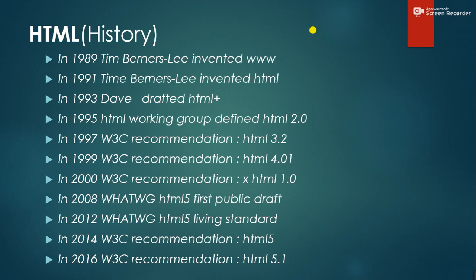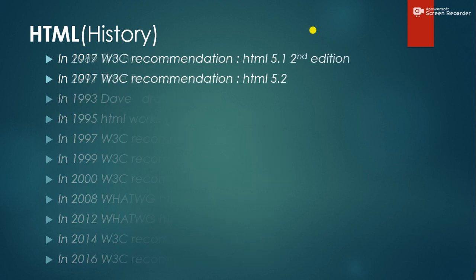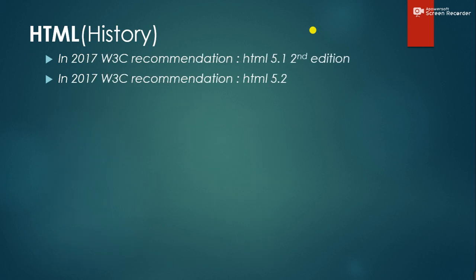In 2014, W3C recommended HTML5, the latest version of HTML. In 2016, W3C recommended HTML 5.1 with some more features. Now move forward to our next slide. In 2017, W3C recommended HTML 5.1 second edition with some more tags and features.